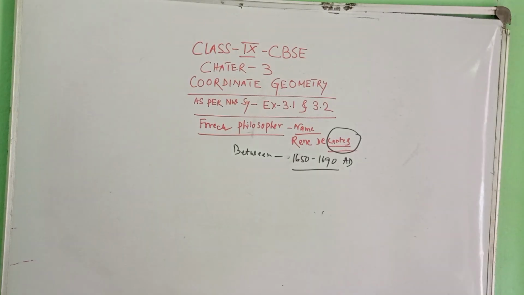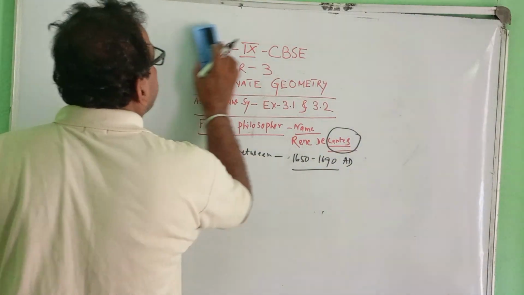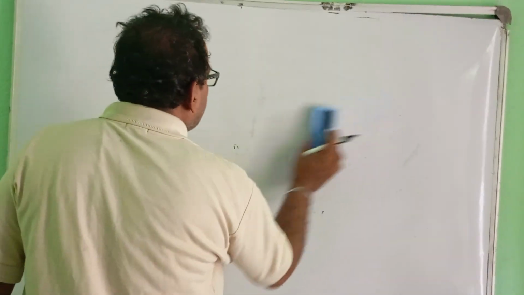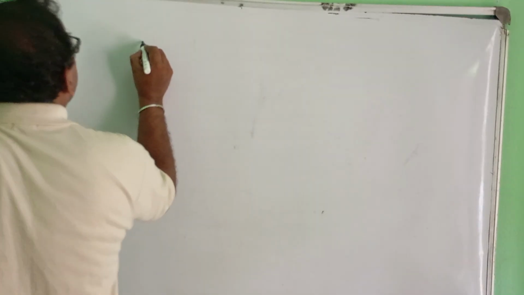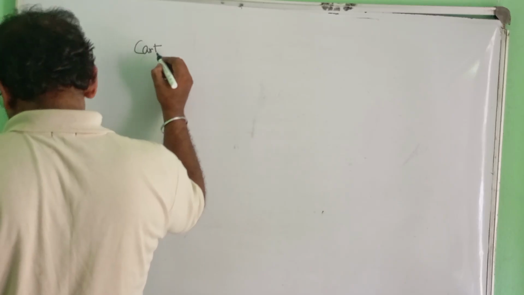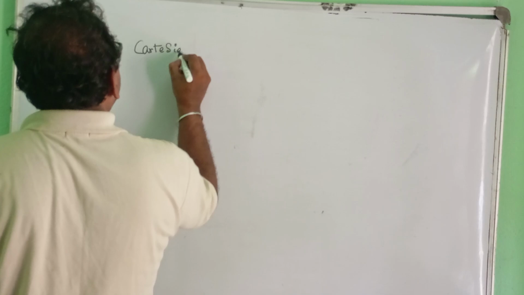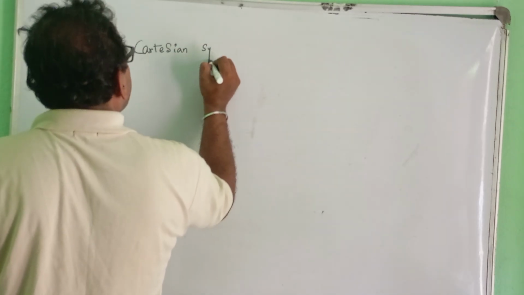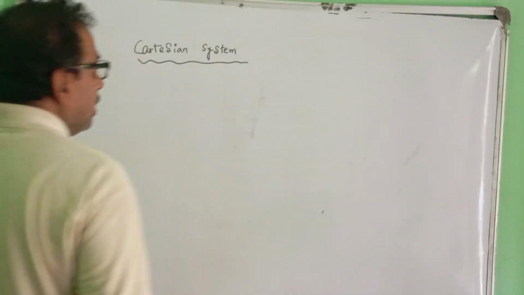Why is it important? Before we start, we must know the definition of what is called the Cartesian system. You must note in your notebook what the Cartesian system is.